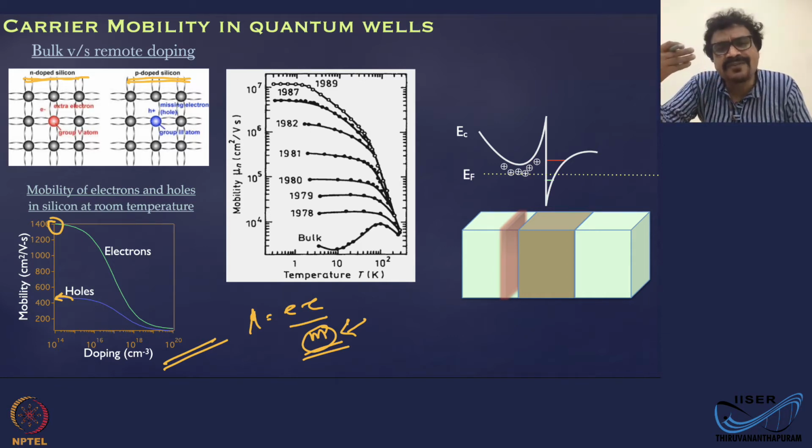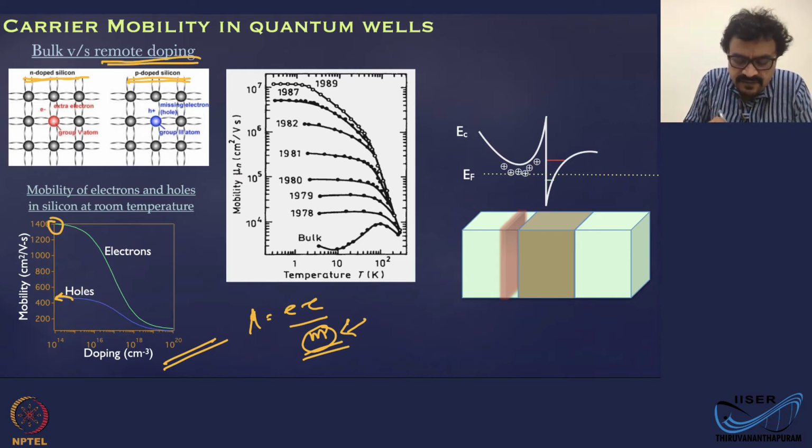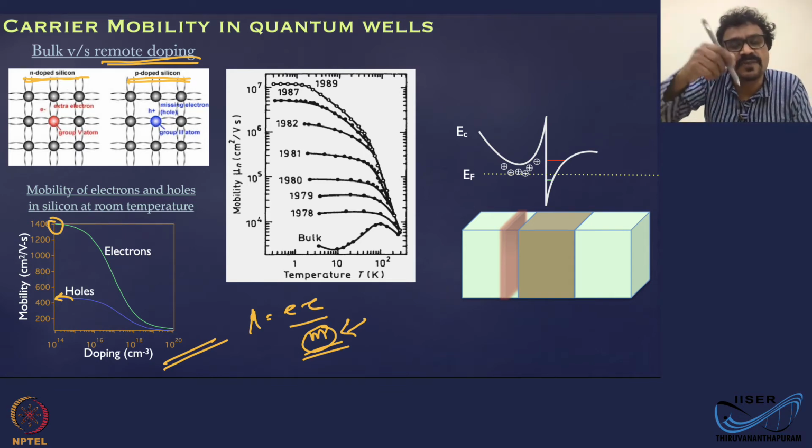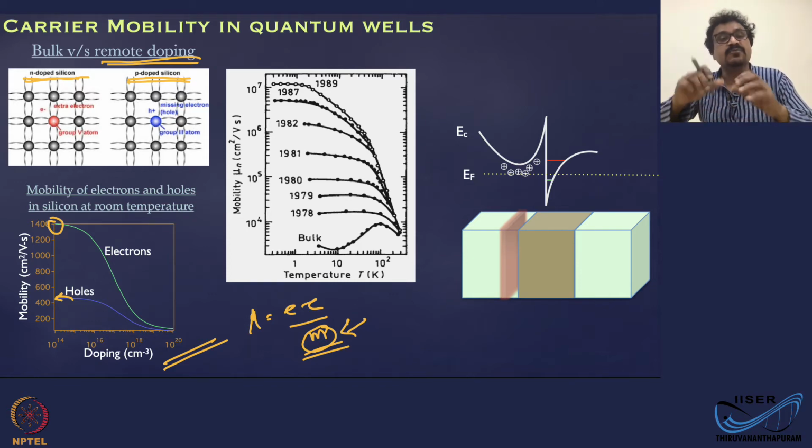But there is a completely different class of material, the heterostructure we just discussed. There, you can have something called remote doping. Whatever impurity scattering we discussed comes from bulk doping. That means the dopants are in the same space where the charge carriers are moving.